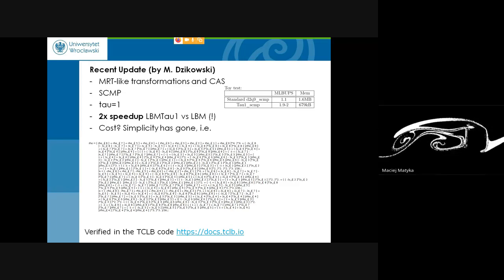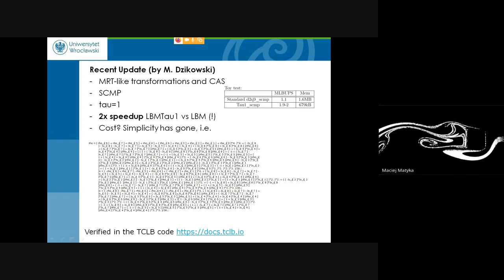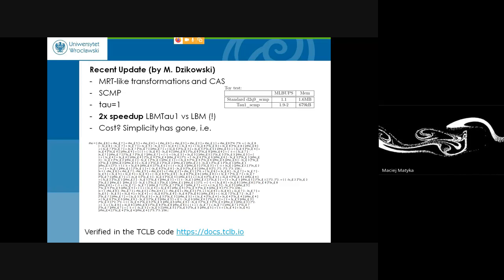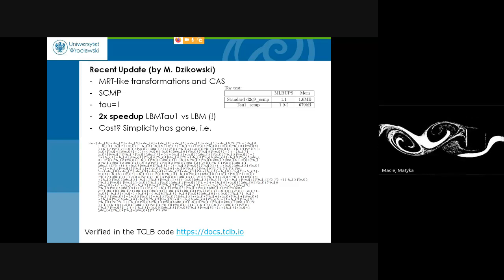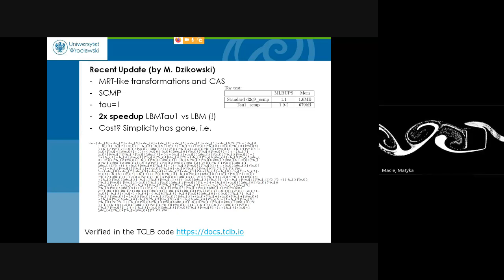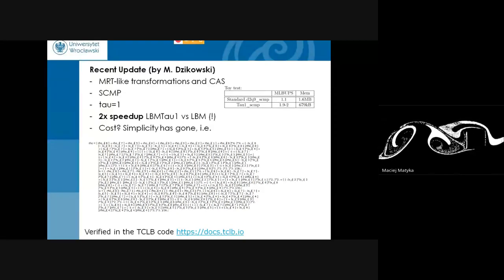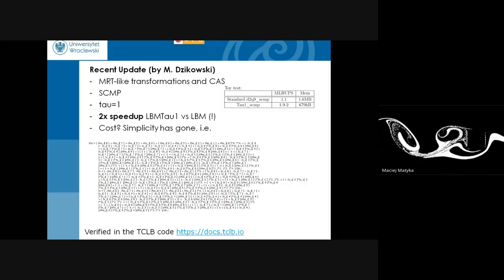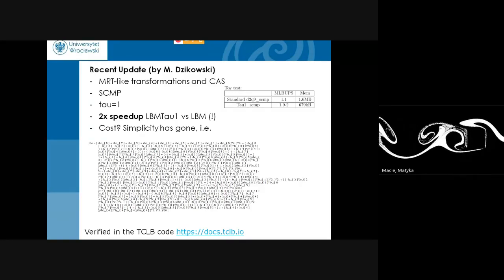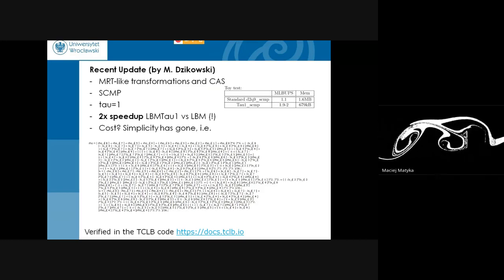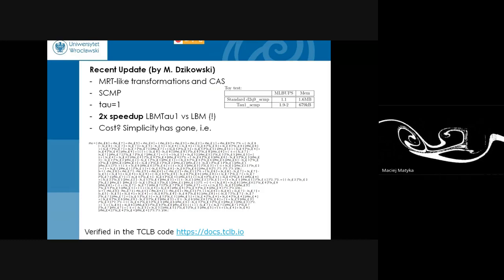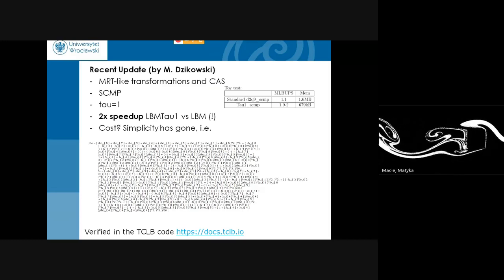It's not that simple, as you see here on this slide. You have this row calculated in his version, but he got, interestingly, and this is a very recent result, not published anywhere yet, LBM for tau equal to 1 in MRT implementation using this approach is almost 2 times faster. And it was verified and implemented in the TCLB code branch that Michał is working on.